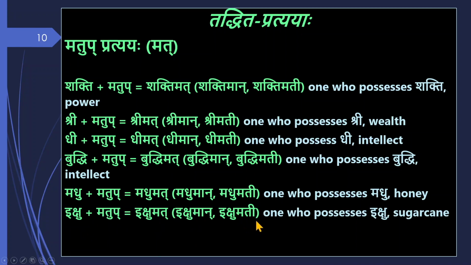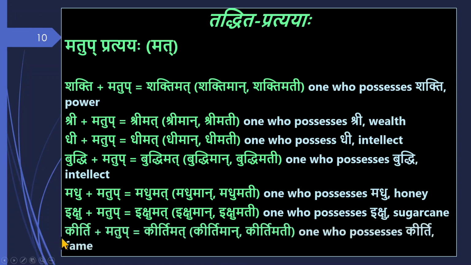Ikshuman, Ikshumati. One who possesses Ikshu, which is sugar cane. Kirti plus Matup is Kirtimat, which is Kirtiman or Kirtimati. One who possesses Kirti, which is fame. So these are some examples of Matup Pratyaya.